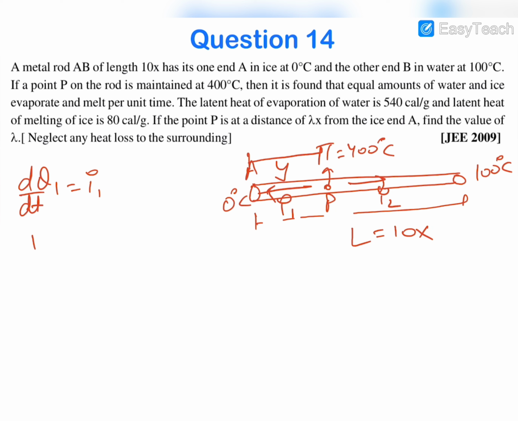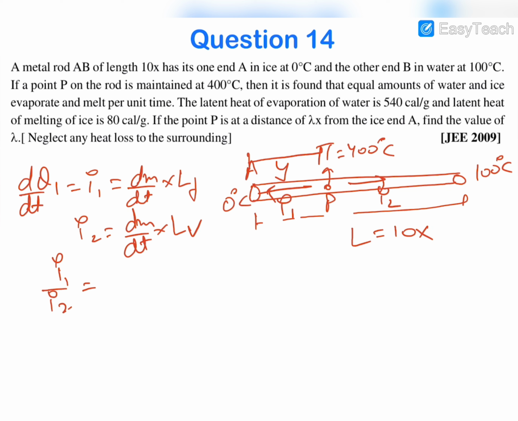So I1 will be dm by dt, where ice is melting, and that into latent heat of fusion, and I2 will be dm by dt, which is same but latent heat of vaporization for the steam. So I1 by I2 will be equal to 80 by 540, so it is 4 by 27.